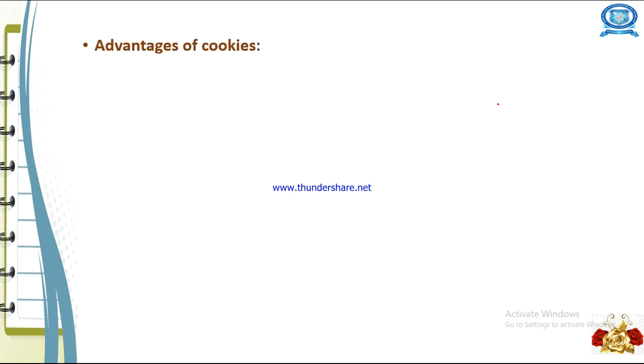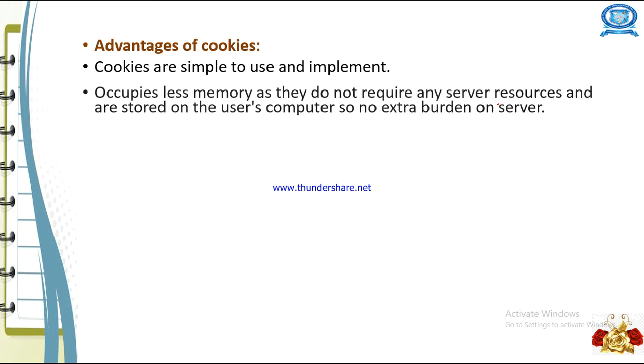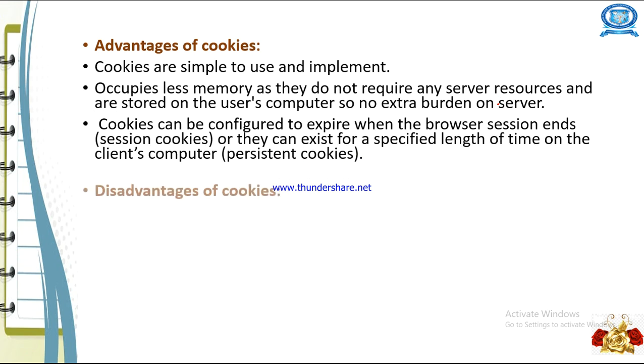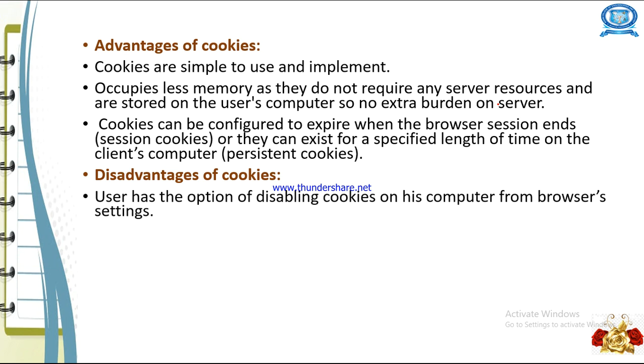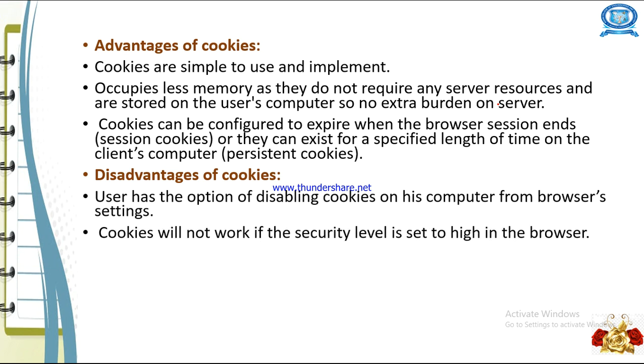So next are the advantages and the disadvantages of cookies. Some of the advantages: it is very easy and simple to implement. Cookies are very popular and are important for saving server resources. They use the user's computer, with no extra browser or server needed. They can be configured to expire when the browser session ends.